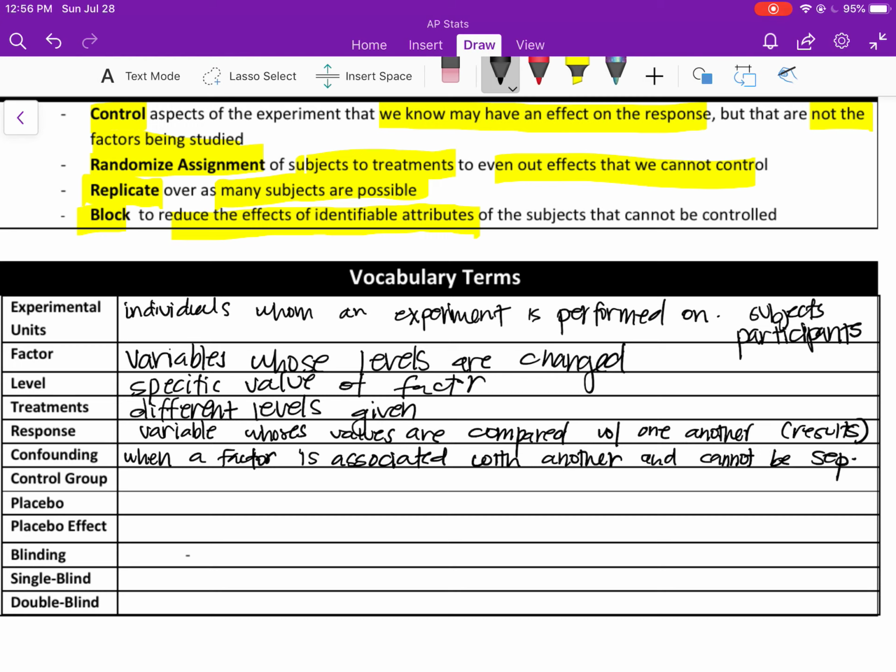For example, you want to make a test on a medical device, but you only require one group to stay hydrated, and the other group can do whatever they want. So you don't know if this device is working because people are drinking water or because they're not drinking water. We'll go over an example later to show more of what confounding variables mean, so that you can have a better understanding of it.